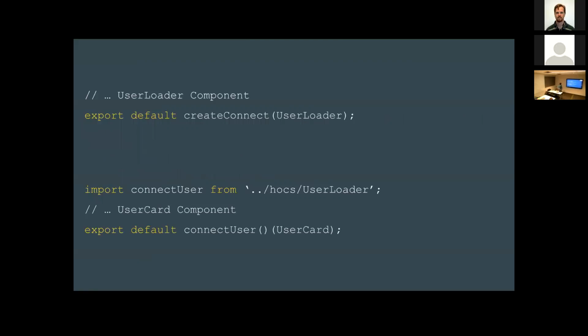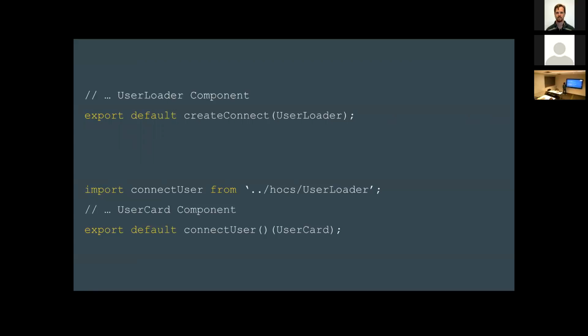So in the user loader component, we would just say export default create connect user loader. So now we have a higher order component of user loader. Well, sorry, I shouldn't say that. This will return a function that will return a function, which is exactly how React Redux works. Here, I'll import that connect user code, and I'll just say export default connect user card.